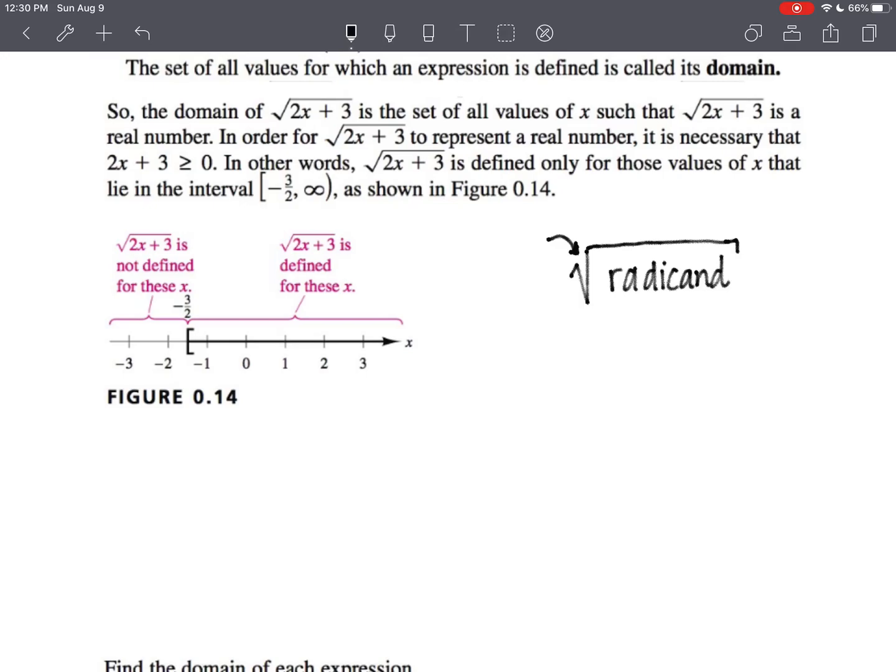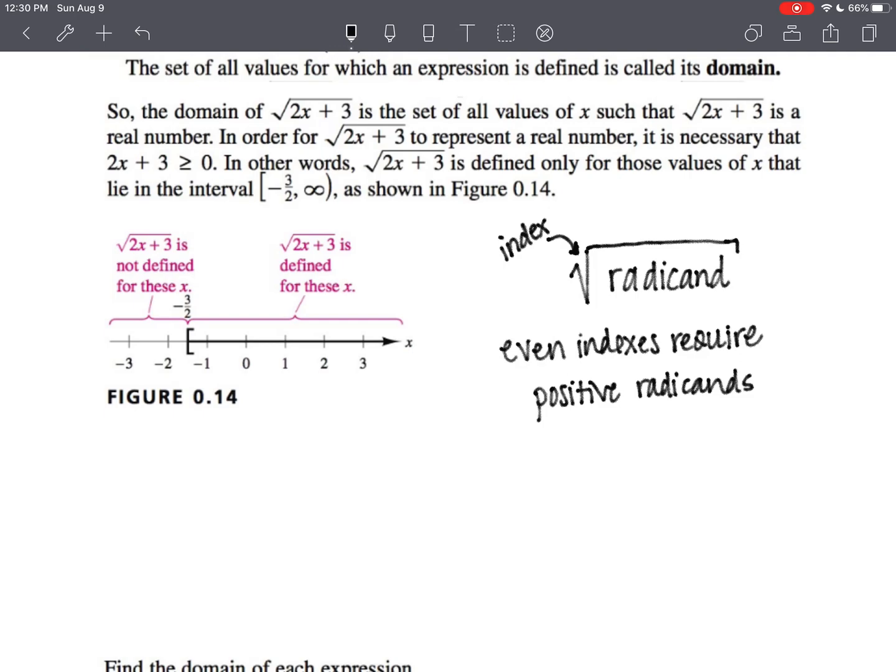Okay, sometimes there's a number there, that's the index. When the index is even, even indexes require non-negative radicands. Quite simply, that's how it works. We need the radicand to be greater than or equal to 0.